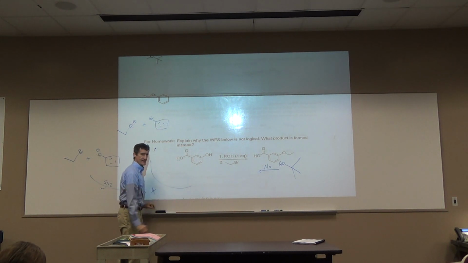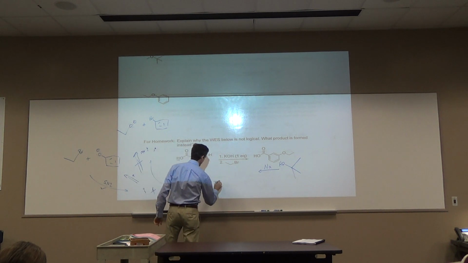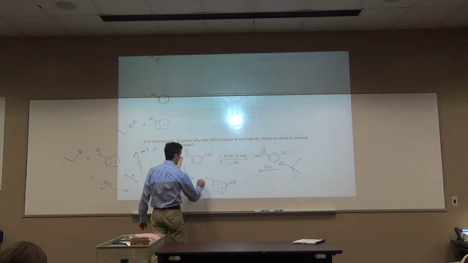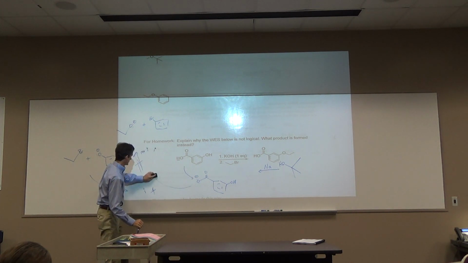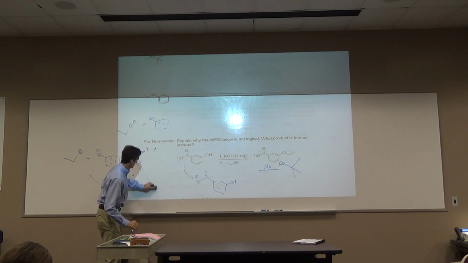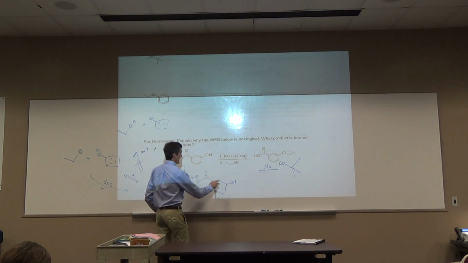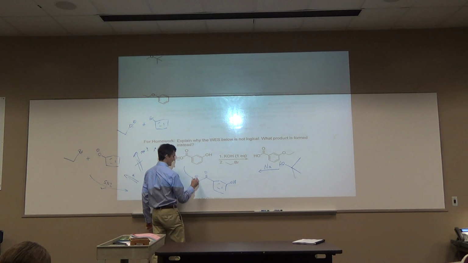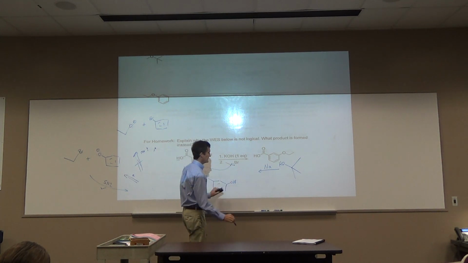The carboxylic acid proton. Yes. And so the base is going to give us this here. And then when we throw in something like this, this will attack and kick that off.